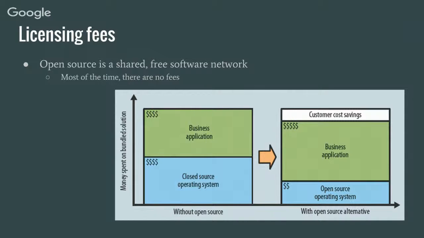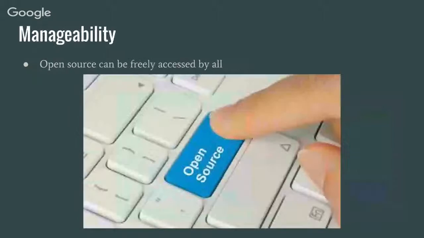Even when open source does cost money, it's usually for IT experts and people to come and consult about that system. And usually it doesn't cost anything, so it allows you to focus more on your business and save your customers money, which is really important.